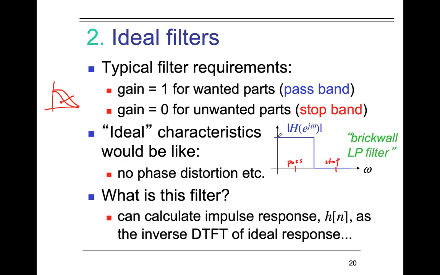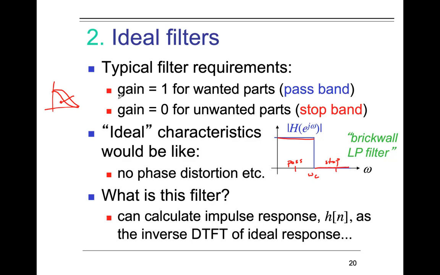In the pass band, we pass all the frequencies as they are without any filtering effects, and we remove all the frequency components in our signal which are beyond this cutoff frequency.